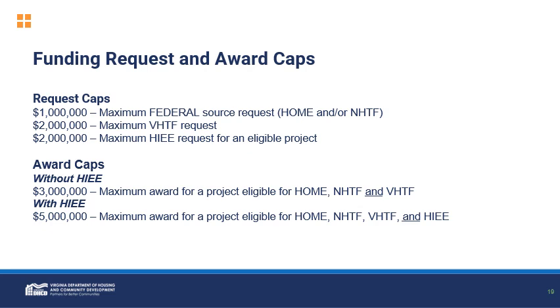Again, please note the HIGH E request must be 10% of total improvement costs or $2 million, whichever is less. There is a calculator in our underwriting workbook that we provide during the application. So that makes the award caps without HIGH E a maximum of $3 million if you're eligible for all sources as applied, and with HIGH E, $5 million.